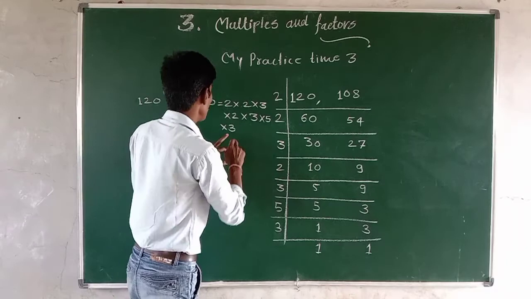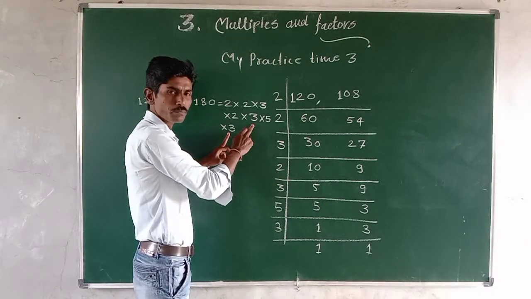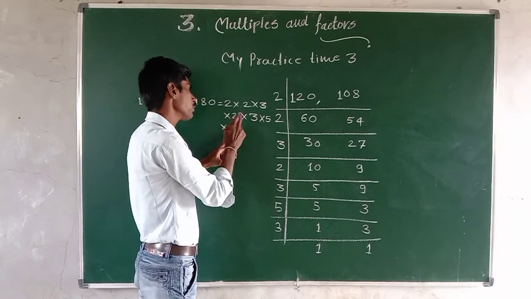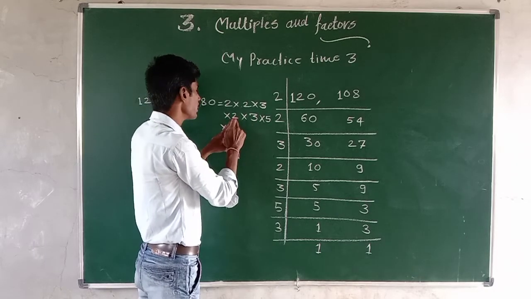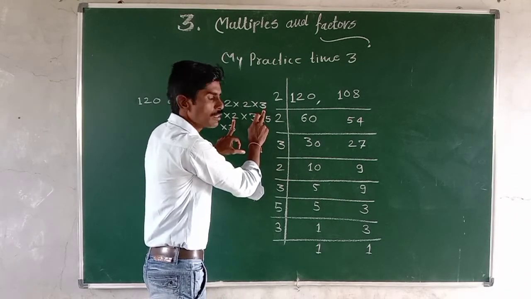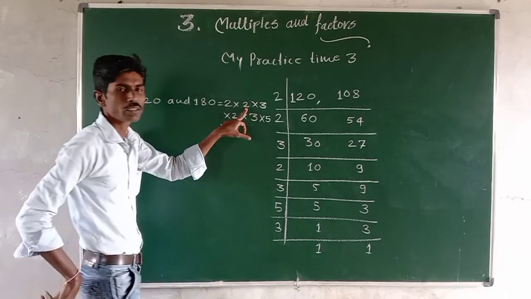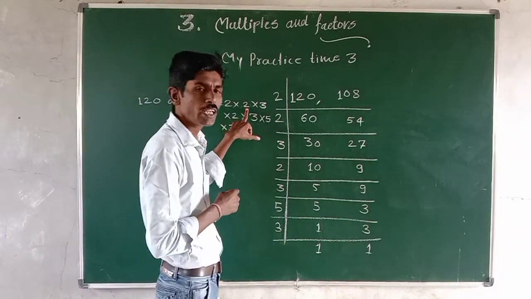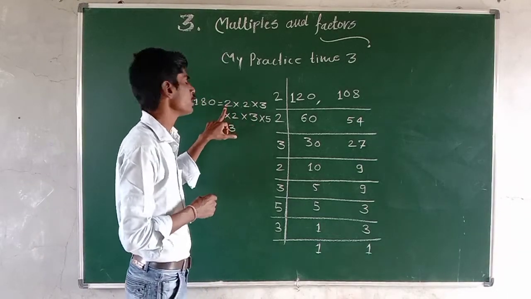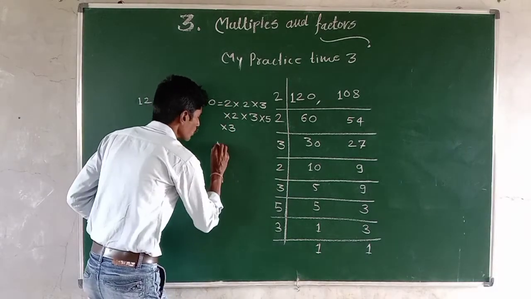So 3 into 5 is 15, 15 into 3 is 45, 45 into 2 is 90, 90 into 3 is 270, 270 into 2 is 540, 540 into 2 is, sorry, 1080.